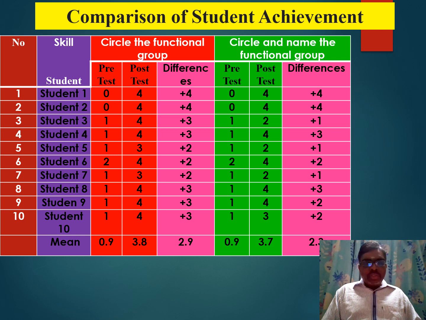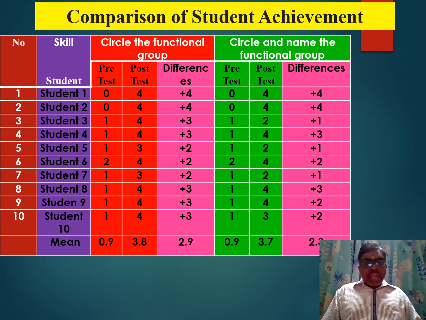After the students played the CoRuBa game, the post-test results increased. Most students scored full marks, that is 4. For circle the functional group, the mean in the pre-test is 0.9 while the post-test is 3.8.